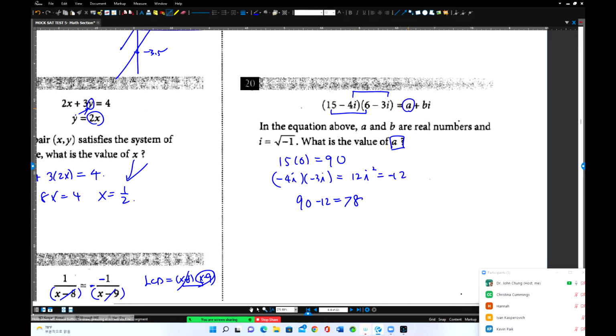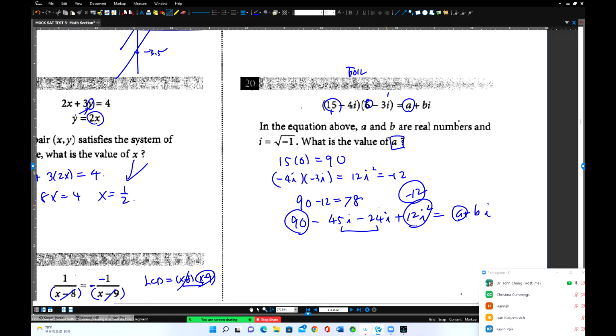78 is the answer. Or you can expand everything. 15 times, you can use FOIL. 15 times 6 is 90. 15 times 3i is 45i. -4i times 6, and -24i, and plus 12i squared. That is equal to a plus bi. Okay, we're going to find the value of the real part. This one is -12, that is the real number. Just simplify, okay?